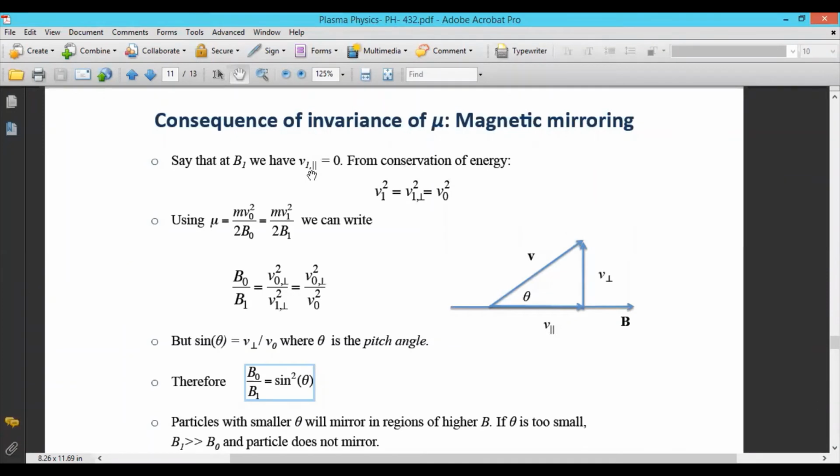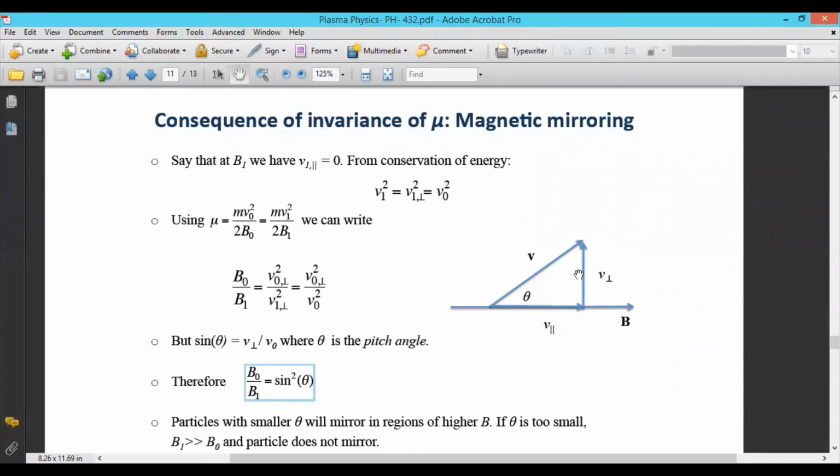And we know that V1 parallel equals 0, so V naught square should be equal to V1 perpendicular square. Using half of m v naught perpendicular square over B naught equals half of m v1 perpendicular square over B1, we can write the ratio of B naught over B1 to be v naught perpendicular square over v1 perpendicular square, and we know that v1 perpendicular square equals v naught square. So B naught over B1 can be written as v naught perpendicular square over v naught square.